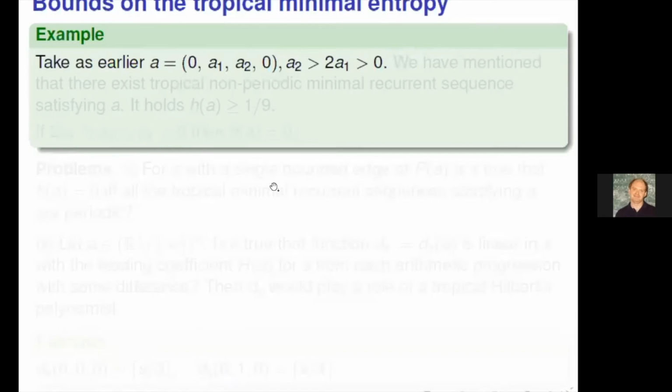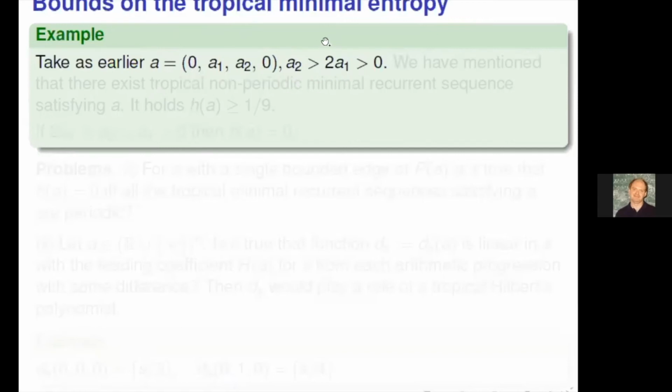So we come back to our example, which we already considered on one of the slides. On the ends we have zeros and in between there are 2 coordinates, and I remind you that the crucial condition was between A2 and 2 times A1. Now we assume that A2 is greater than 2 times A1.